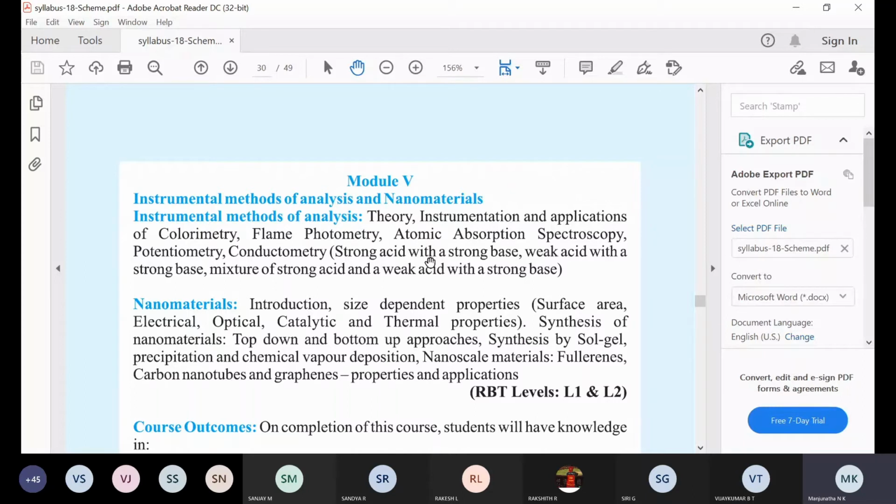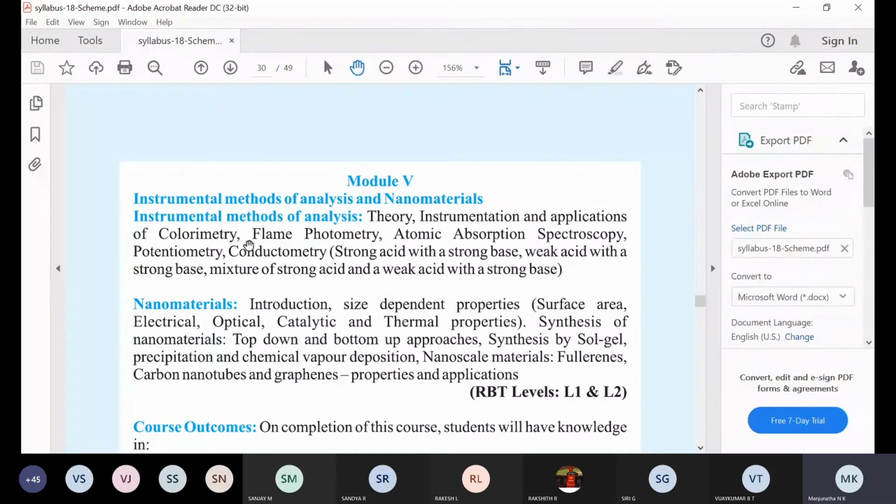In these instrumental methods of analysis, in your regular lab you are going to perform the following. One is colorimetry, the determination of copper by using the colorimetric technique. Another is flame photometry, determination of sodium and potassium present in a water sample. Another is potentiometry, determination of Fe2+ present in a given unknown solution.